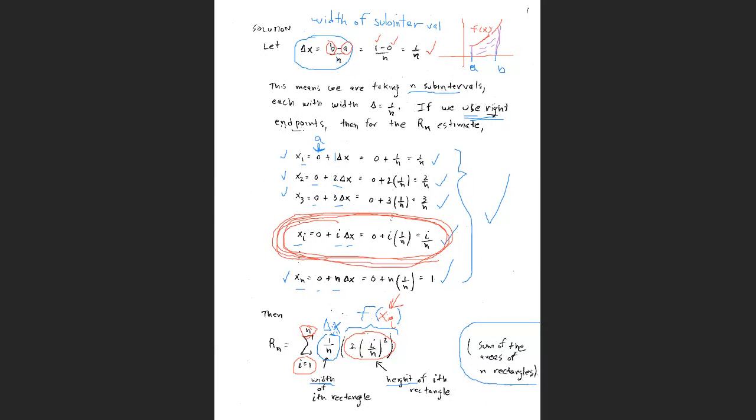This is just the summation. It means add up all the rectangles, but every rectangle has an i in it in the formula, so you're letting i go from 1 to n. It's just a brief way of saying add up the areas of these n rectangles.